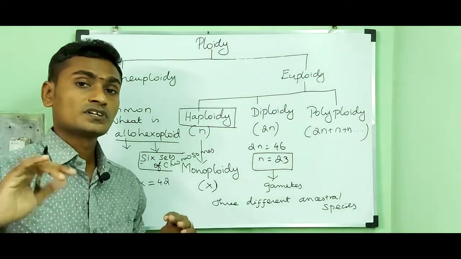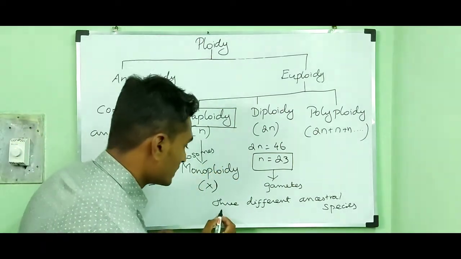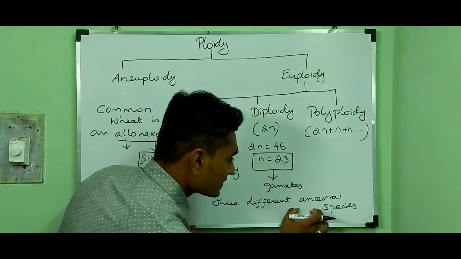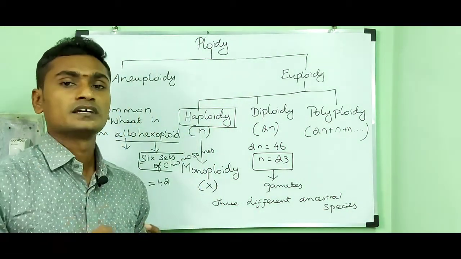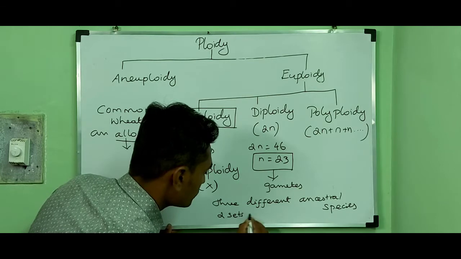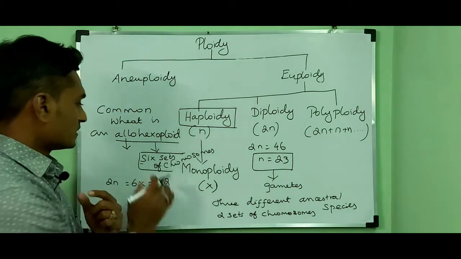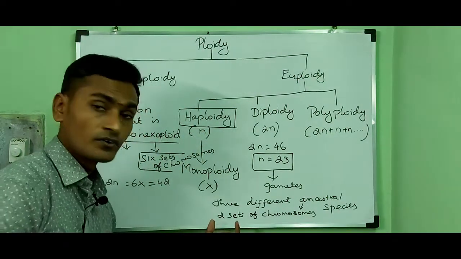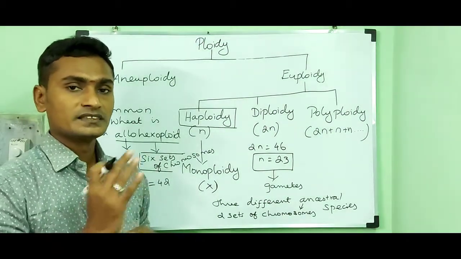Allohexaploidy means one or more basic sets of chromosomes are derived from different organisms. Here the 6 sets of chromosomes are derived from 3 different ancestral species. Each ancestral species gives 2 sets of chromosomes, so in total it contains 6 sets.